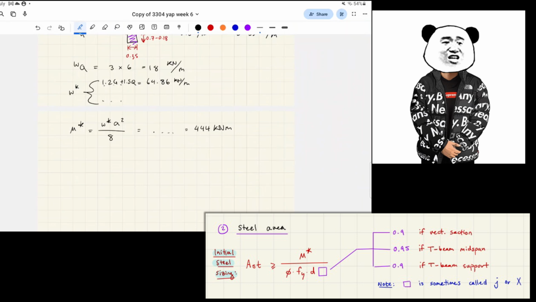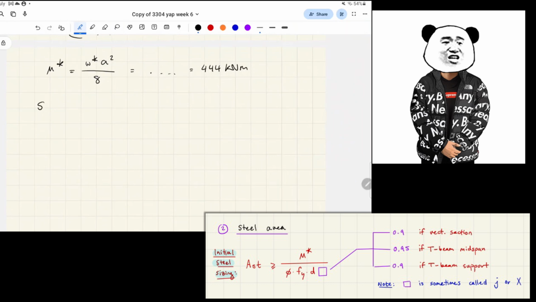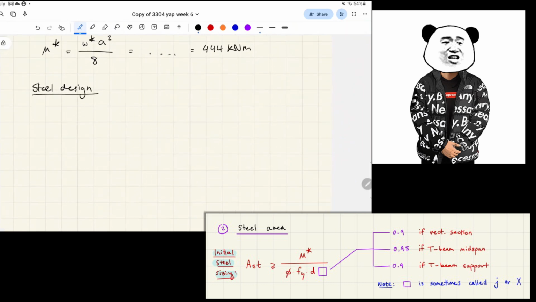So now we go on to steel. Yes, so now we're designing steel. So we start with the initial sizing. Yeah, so the initial sizing has this formula.